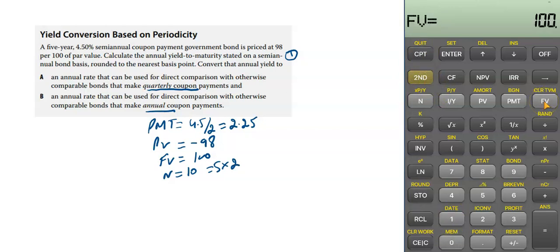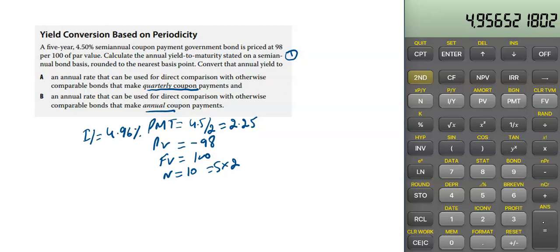This is 100, 98, 2.25, 10. The result is 2.478 into 2, 4.96 approximate. So I/Y will be 4.96. This is the nominal yield.